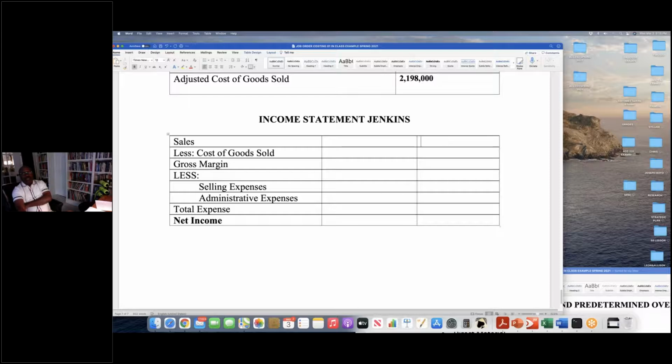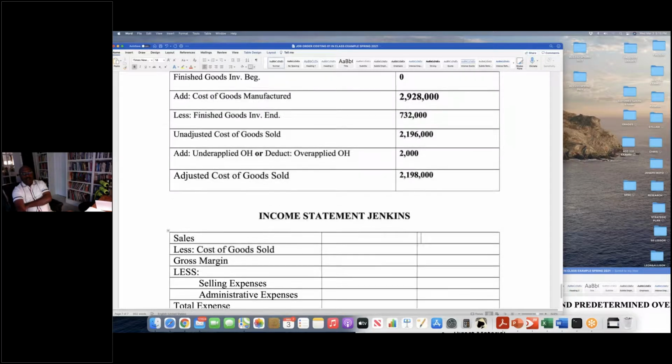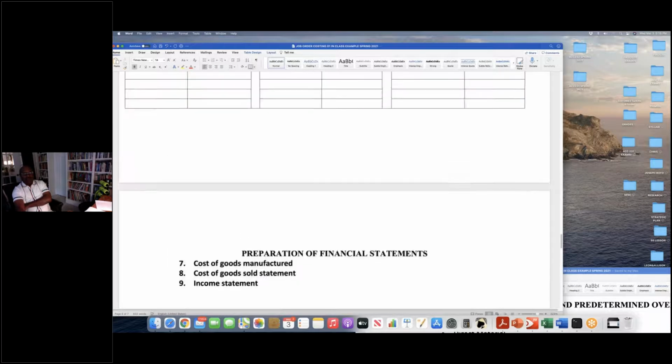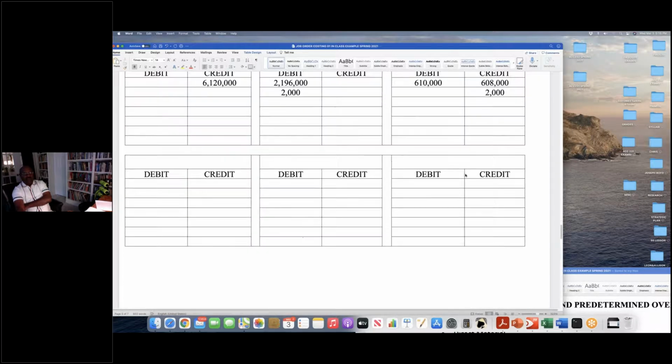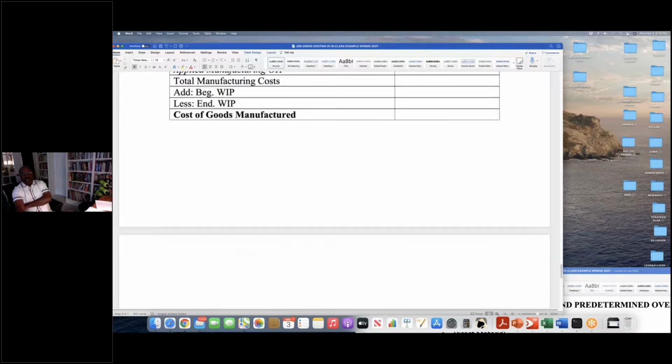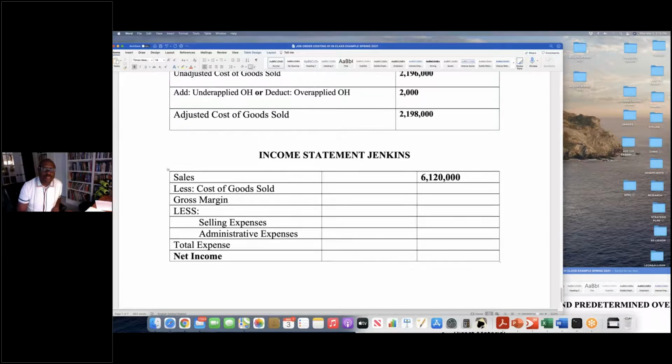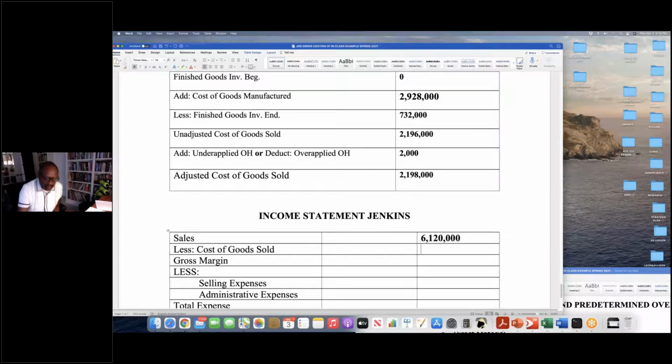What's the top number gonna be on the income statement? Sales, 6 million 120. 6 million. Cost of goods sold, 2,198,000.